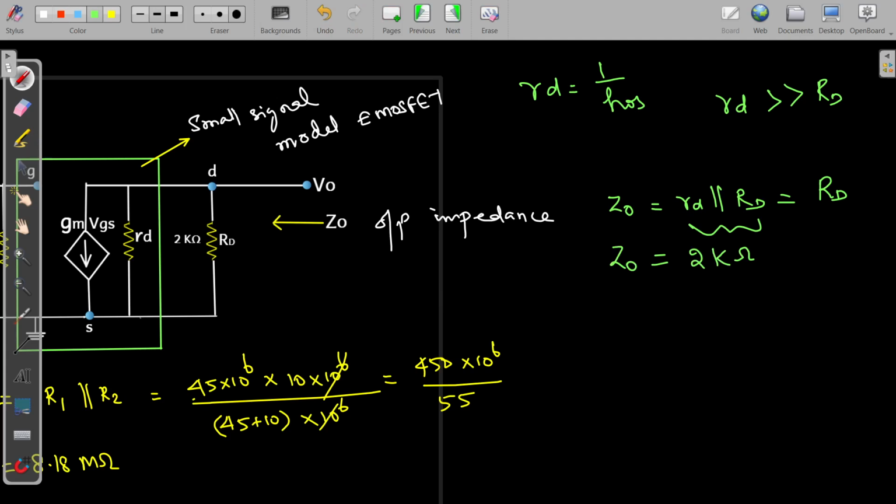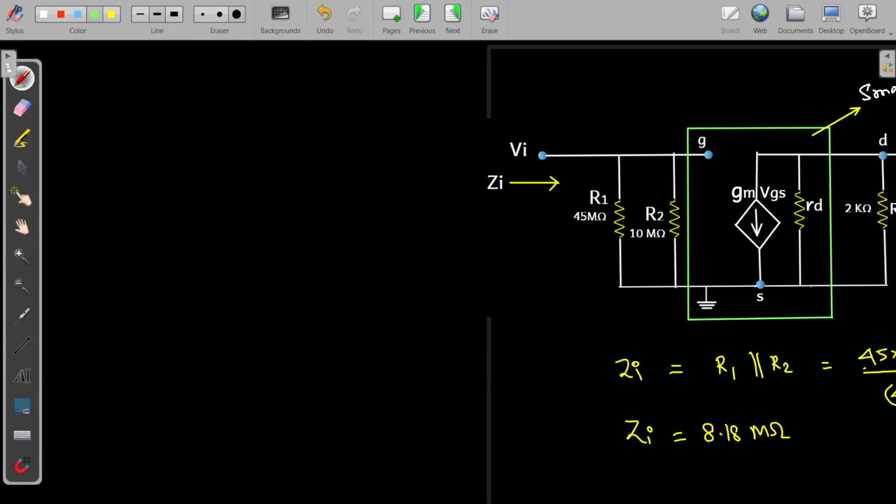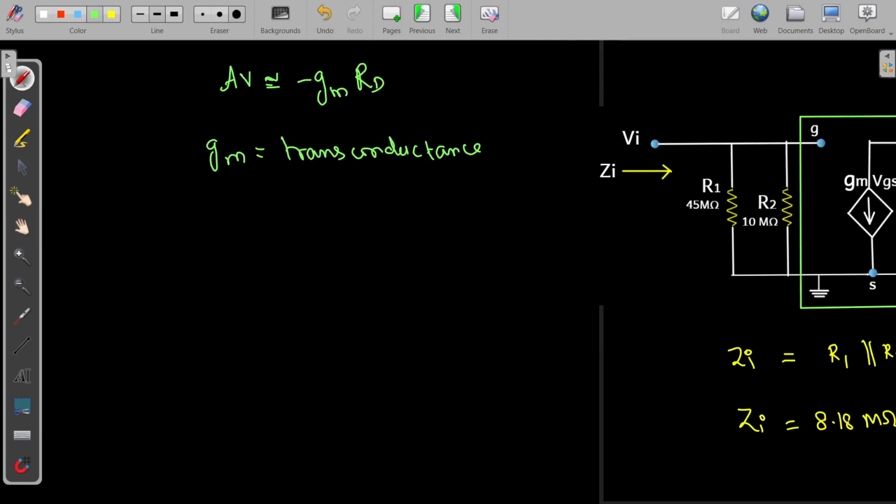Then the third parameter to be determined is Av. Av is equal to minus gm into capital RD. This is the approximation. In this, RD is known to us, it is 2 kilo ohm, but what is gm? gm is transconductance. That value is not known to us directly, but we can calculate it from the ID current.